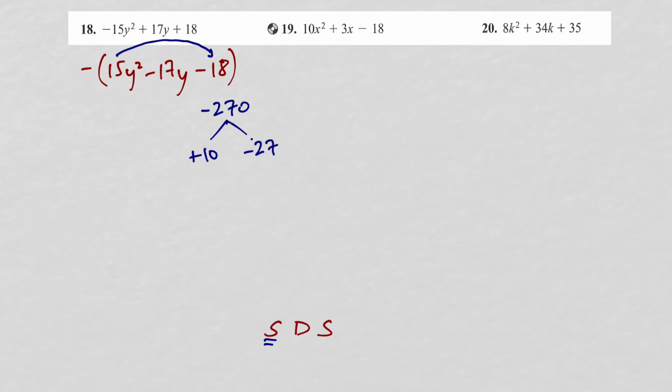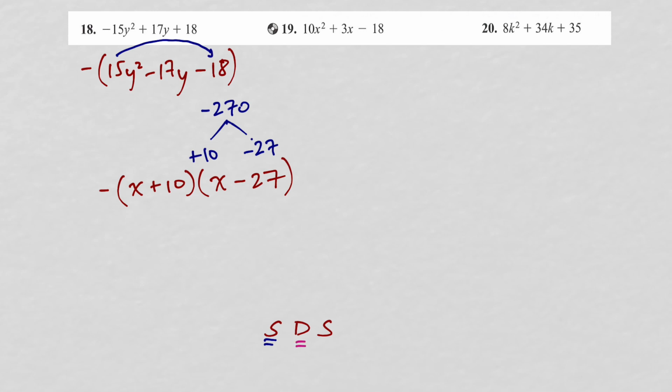Okay, now I'm going to do this. I have that negative there, and then I'm going to put x plus 10 and x minus 27. Okay, but I'm not done yet. That was just the slide part. Now I'm going to do the divide part. I'm going to divide each side by the number that I slid over.